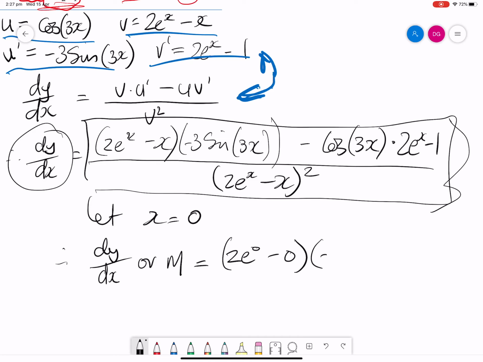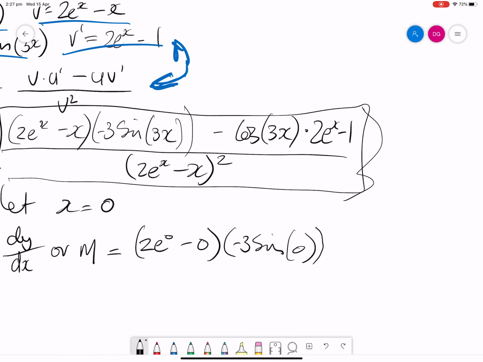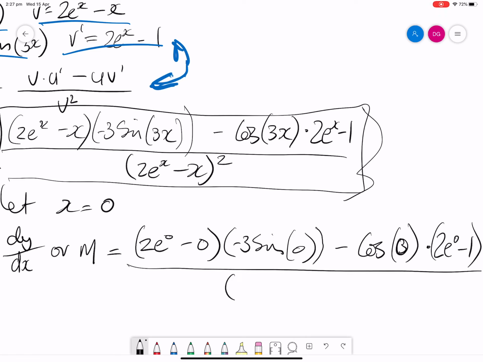times negative 3 sine of 0, close bracket, and minus cos 3 times 0, so we'll just call that 0, times 2e to the power of 0 minus 1 in brackets, divided by 2e to the power of 0 minus 0 squared.